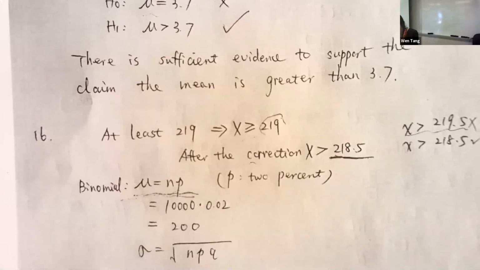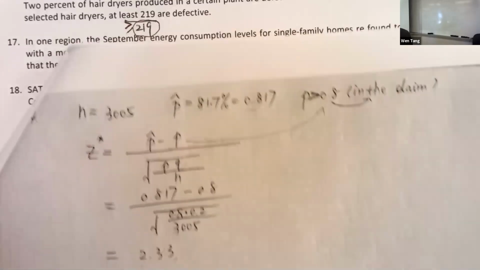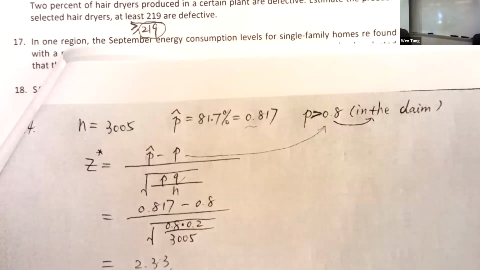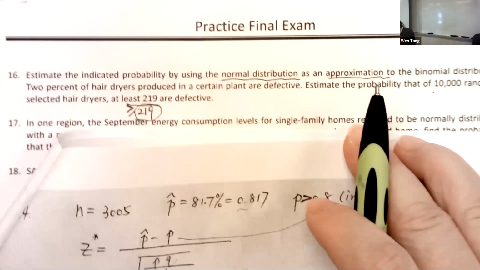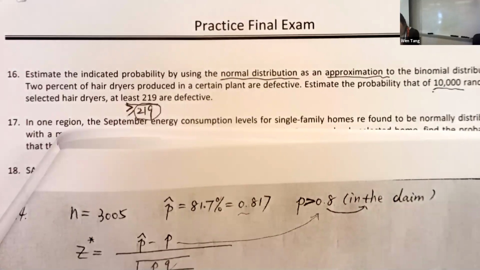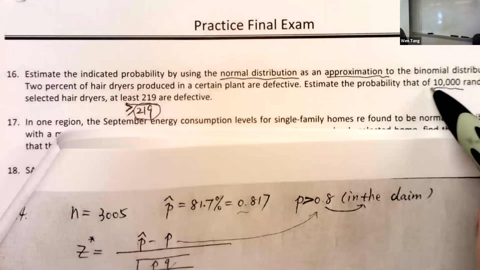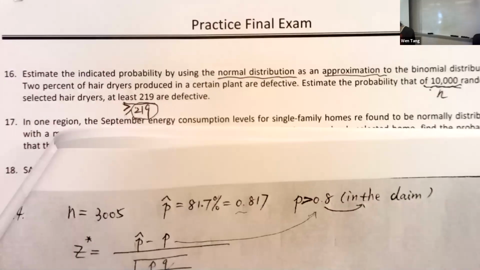Mu is equal to np. So how can we get n? We go back to the problem. We know we have 10,000 randomly selected dryers, right? So here we have the n value, 10,000.